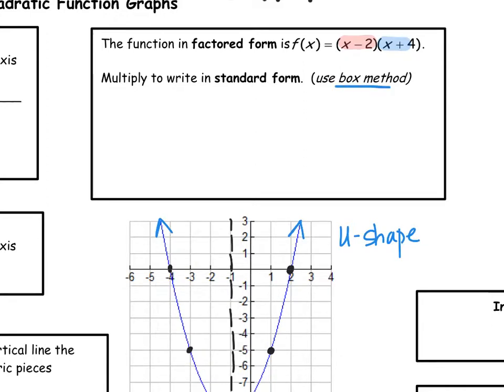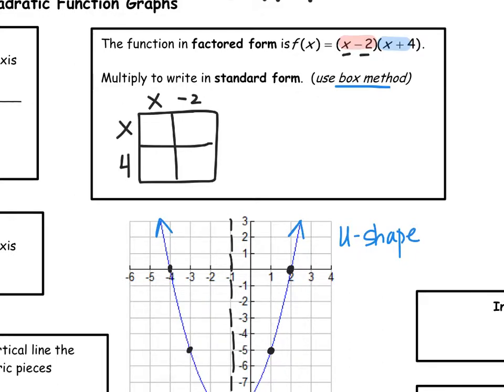If I want to multiply those two factors, I have to do this. x and minus 2, that comes from here. And then x and positive 4, and I'll fill in the inside. x squared, minus 2x, 4x, negative 8. I have like terms inside the box, here and here. So when I write my final answer, I'm going to keep f of x. f of x equals.